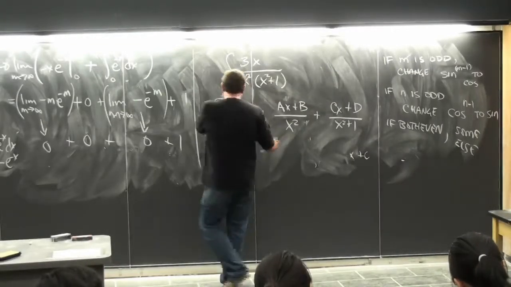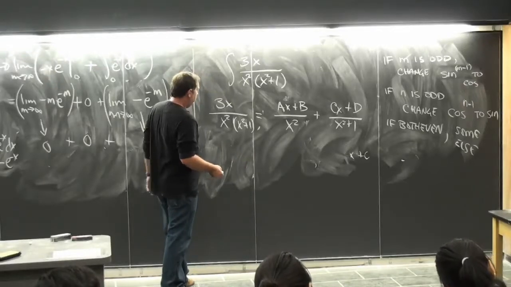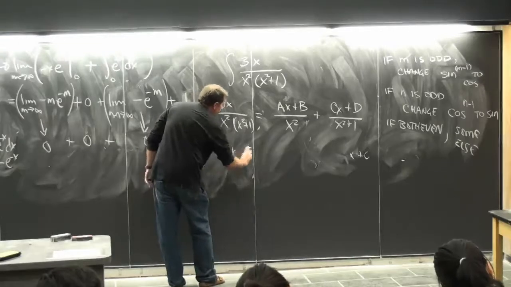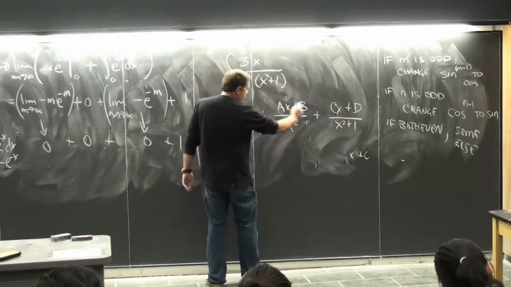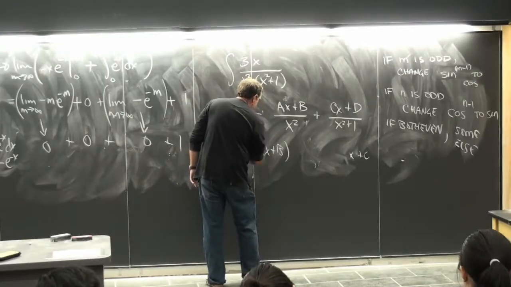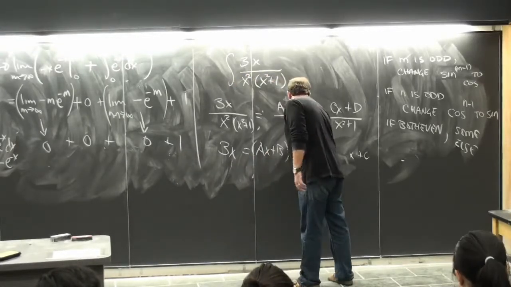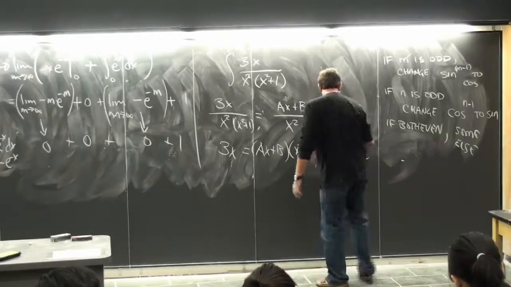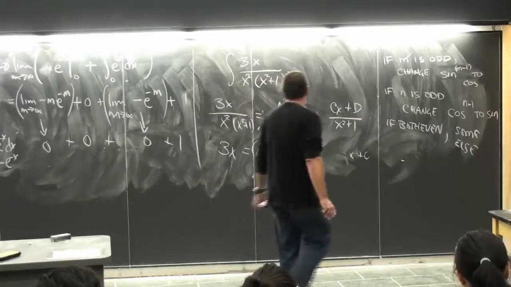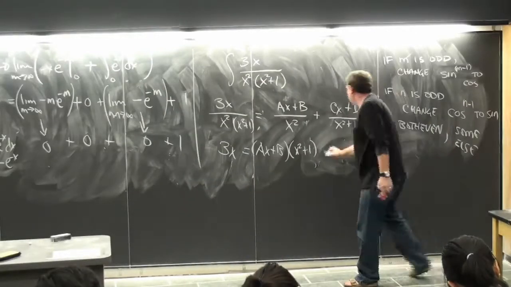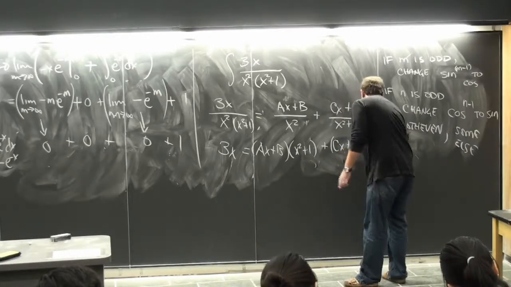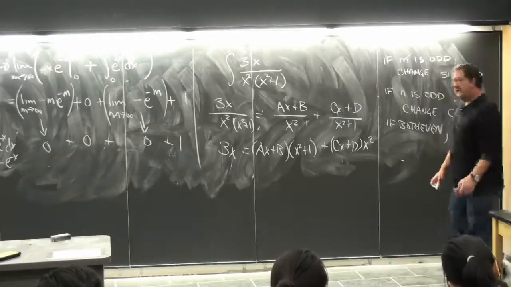So if I cross multiply, just on top, I get 3x equals ax plus b, times x squared plus 1, plus cx plus d times x squared. So this one was messier than I had anticipated because I wasn't thinking. So that's what I have to solve.